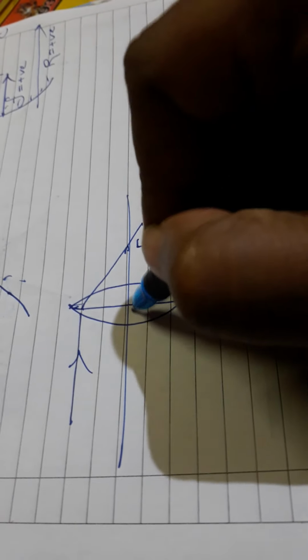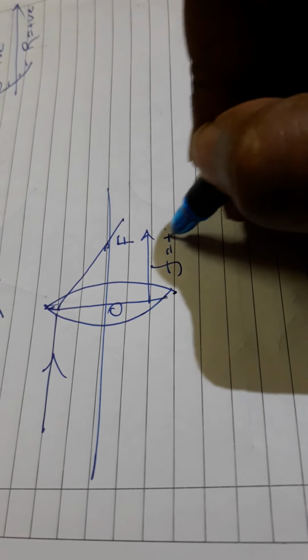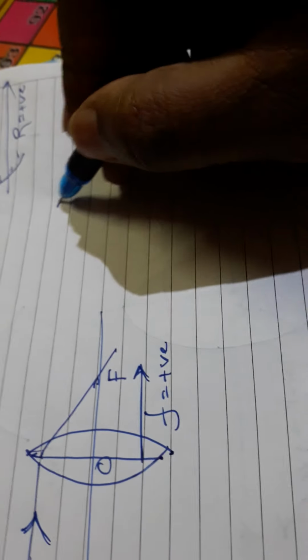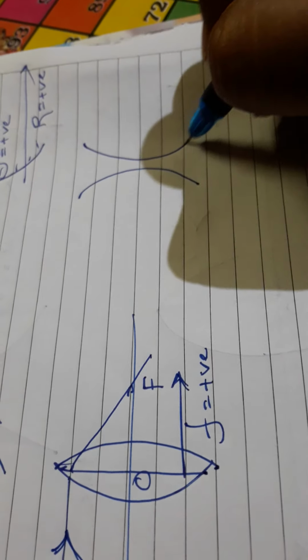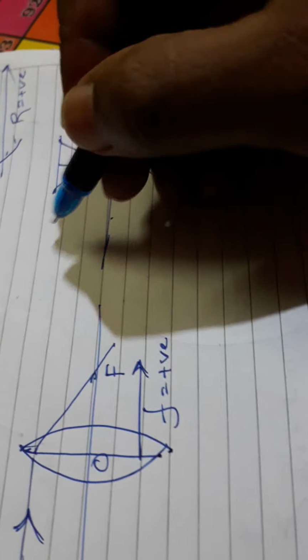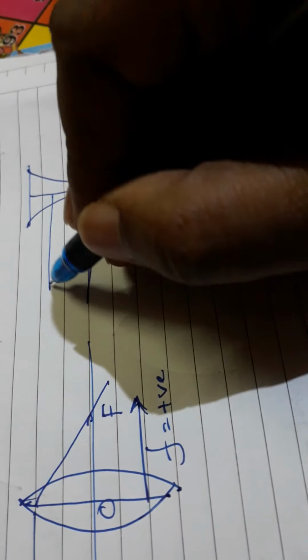Now consider lenses. For a convex lens, this is the incident ray. After refraction it passes like this, so this is the focus, and this distance is the focal length. The focal length is positive because the incident ray and the distance are in the same direction. And for a concave lens, this is the incident ray.